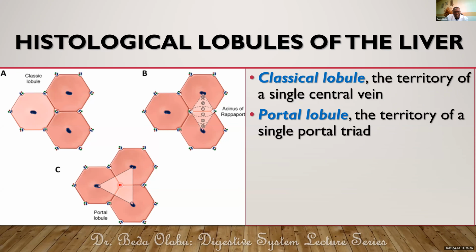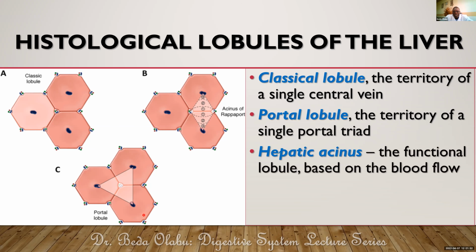So you can see the portal triad is at the center, and the corners are the central veins that define the portal lobule, as opposed to the classical lobule where the corners are the portal triads and there are 6, and the central vein is 1 at the center. For the portal lobule, 1 portal triad is at the center, and the corners have central veins. Those 2 are largely histological.